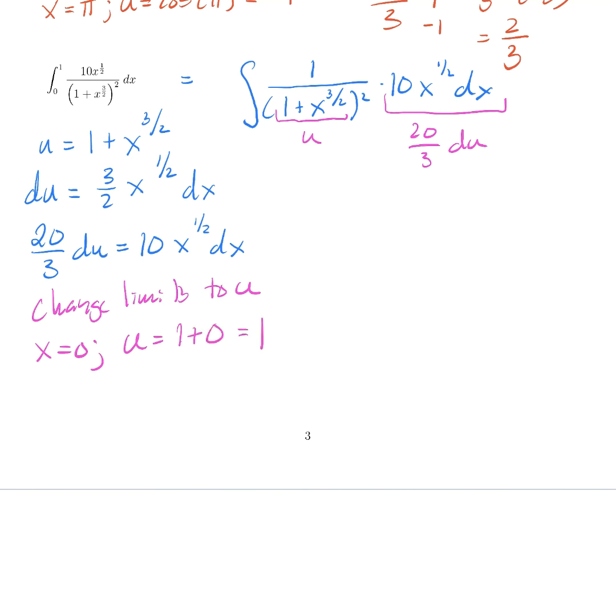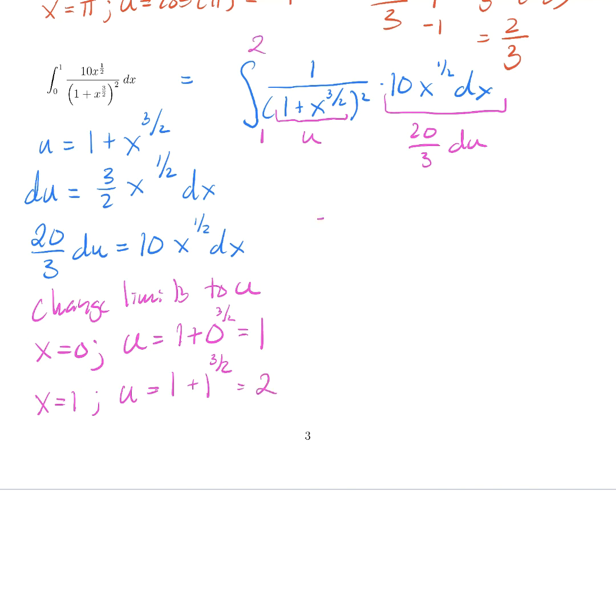So u is just going to be 1. So our new lower limit of integration is 1. When x is 1, u is going to equal 1 plus 1 to the 3/2. But 1 to the 3/2 is 1, so our new upper limit of integration is 2.